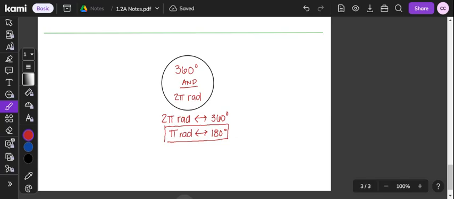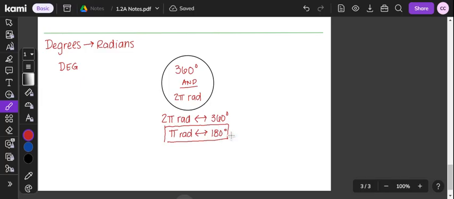This is really similar to converting between inches and feet, or feet and miles. Everything has a conversion, just like radians and degrees do. So if I want to go from degrees to radians, okay, I need to take my degree measurement and I need to get rid of the degree part of it.